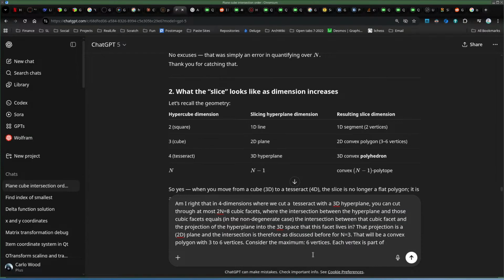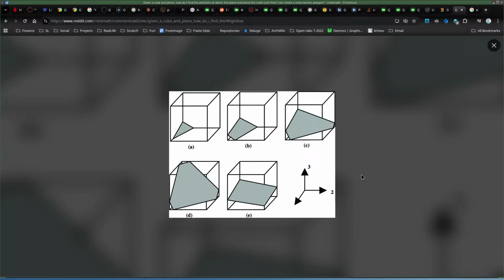so now I'm talking about four dimensions, so you can make a parallel between this. It talks about 4 dimensions and 3 dimensions. So what I'm saying is we have a 4-dimensional hypercube, but think this cube, cut by a 3-dimensional hyperplane, but think this plane.